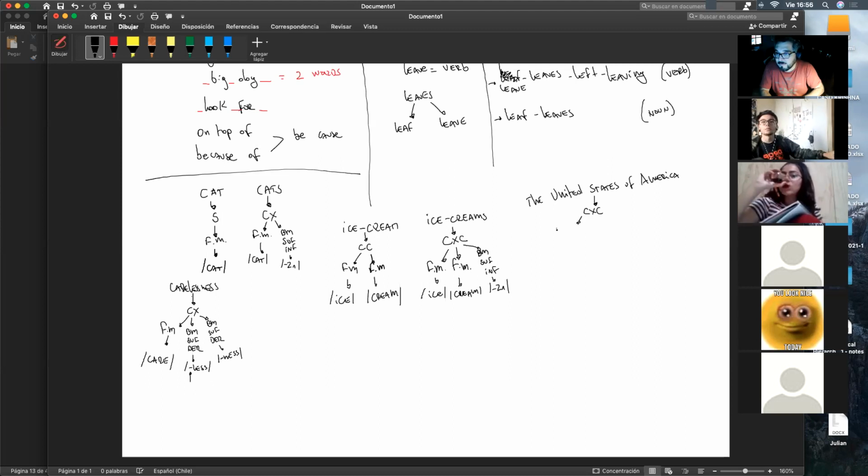composed of the free morpheme D, then you have the free morpheme unite, right? Then the bound morpheme, suffix. Unite es un verbo, right? United es un adjetivo, entonces es derivational.